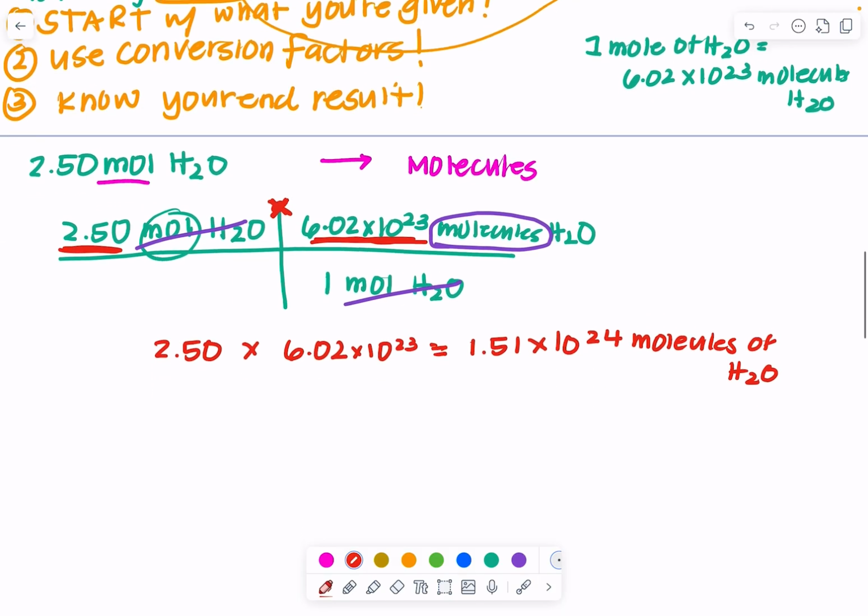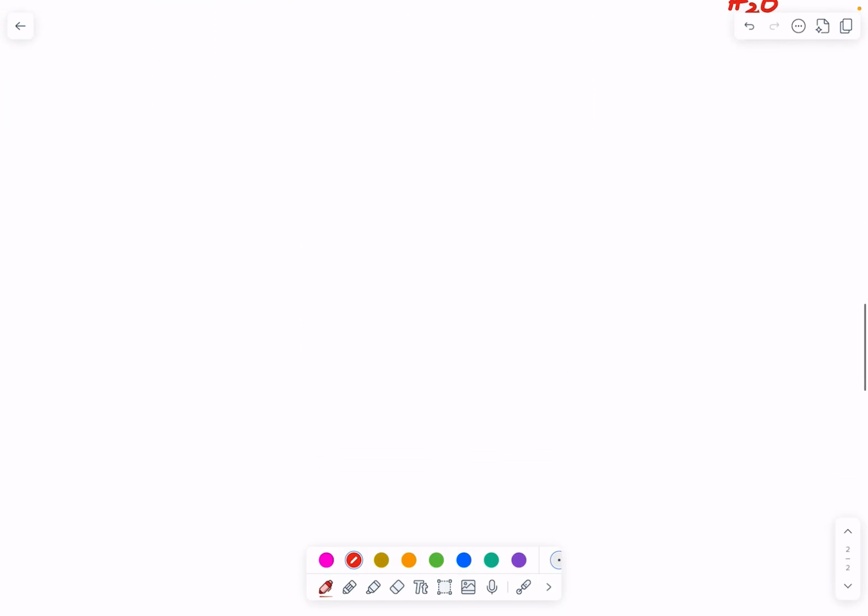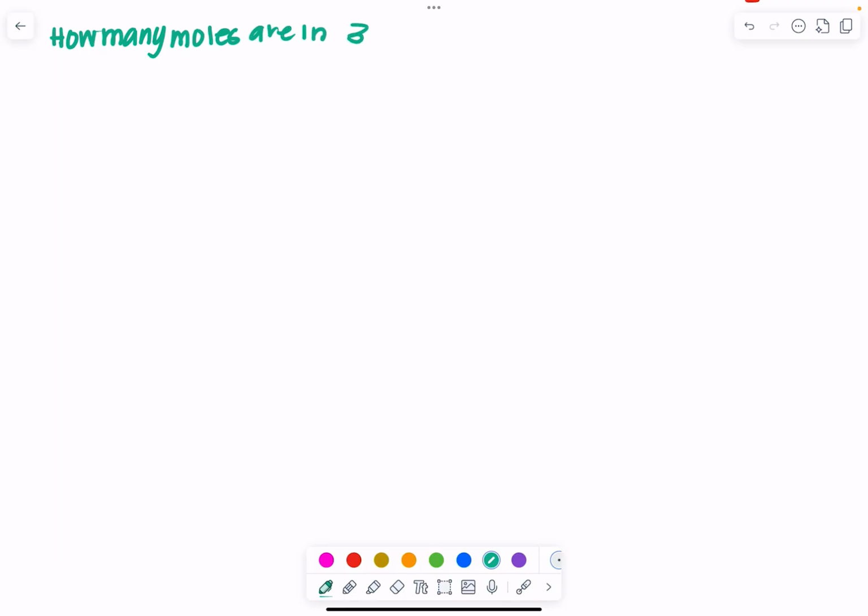Now, what if this was reversed? What if we had, how many moles are in 3.01 times 10 to the 23rd formula units of NaCl?